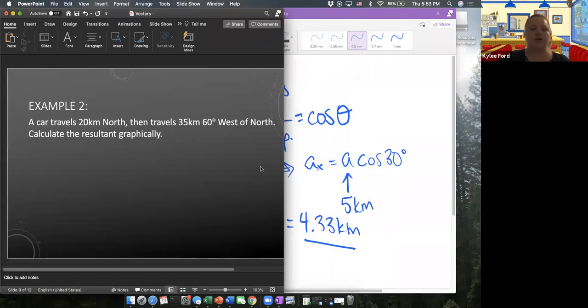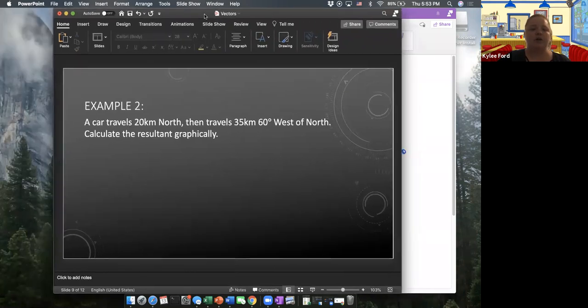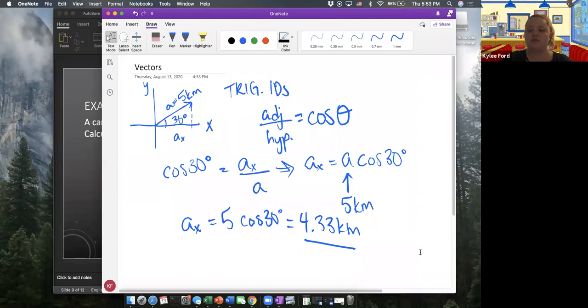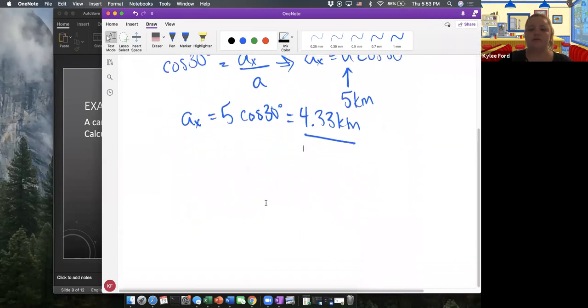We have a car. Hopefully you guys can see this. We have a car that's traveling 20 kilometers north, and then it travels 35 kilometers at 60 degrees west of north. So let me scroll down here.